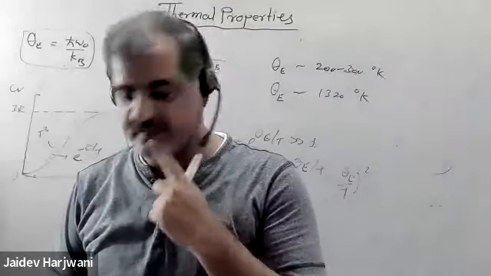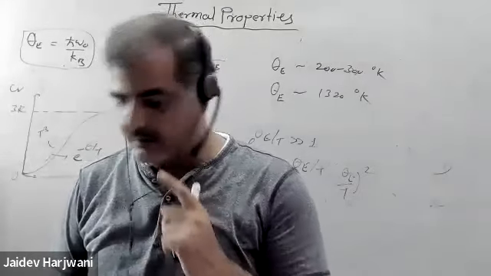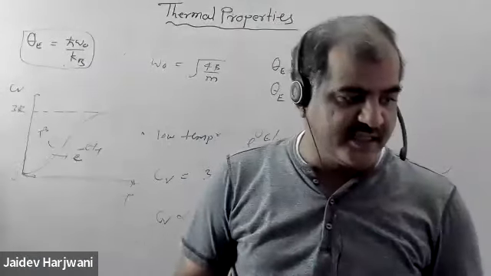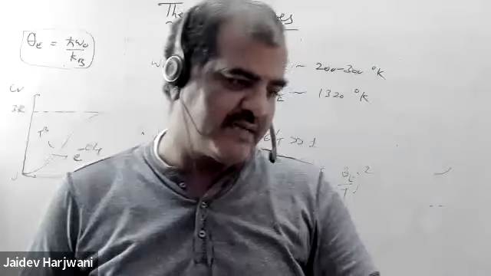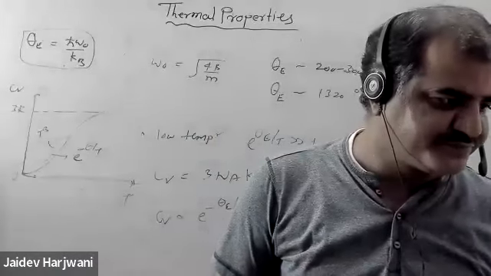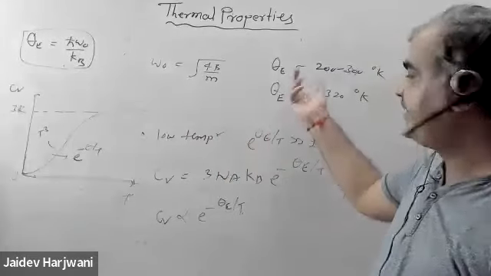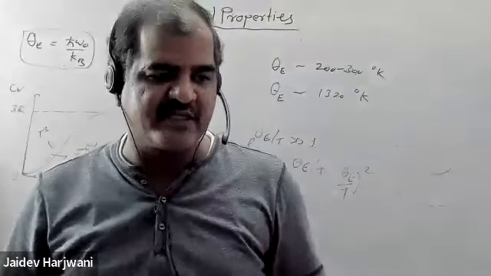Any question? Are you getting what I am saying? Theta E is your Einstein temperature that will decide your limit. Somebody's mic is on, please. So that is different for different materials. For metal, 500 itself is a high temperature.